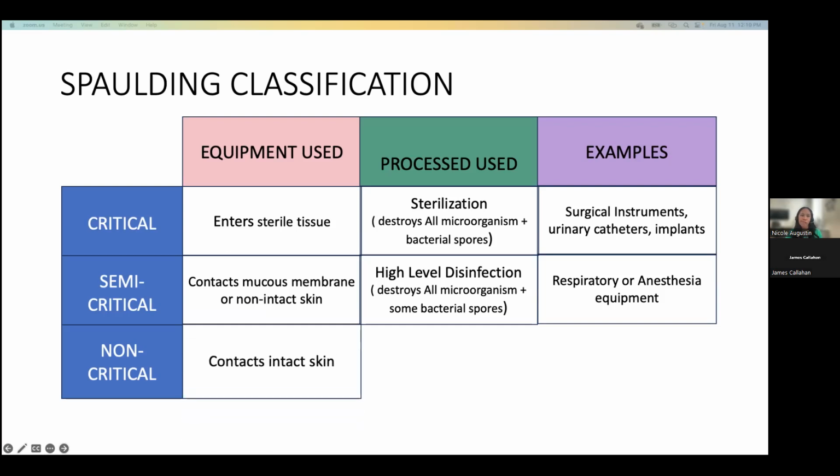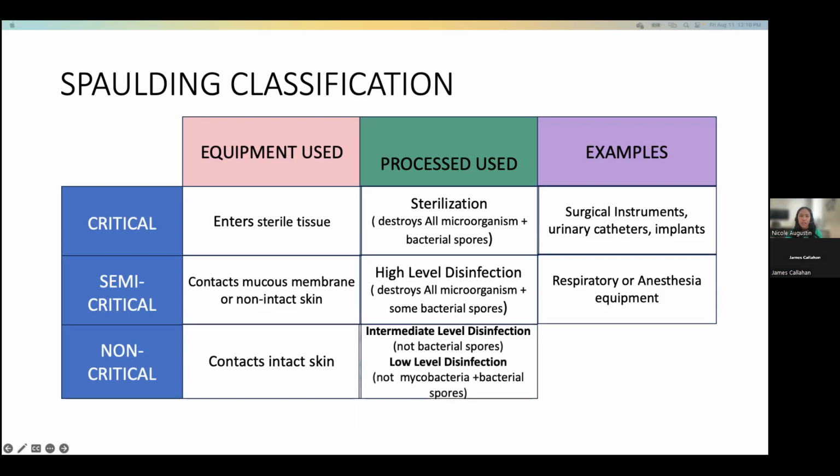Non-critical equipment comes into contact with your intact skin. You want to use intermediate-level disinfection, which does not destroy bacterial spores, or low-level disinfection, which does not destroy mycobacteria or bacterial spores. Examples would include your blood pressure cuffs, pulse oximeter, bed rails, and furniture.